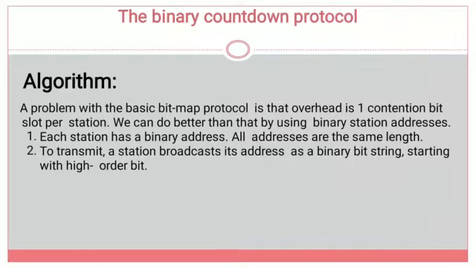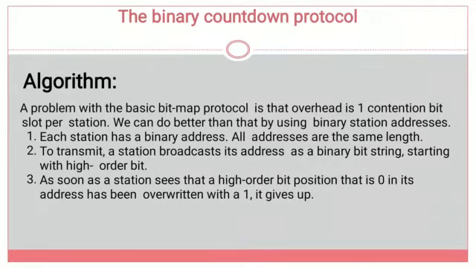So how will it broadcast a message? A station sees that a high order bit position that is 0 in its address has been overwritten with a 1. It gives up. That means all the stations will transmit or broadcast their address bit strings, starting from the MSB.